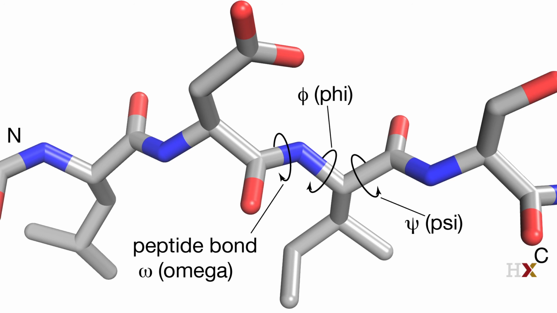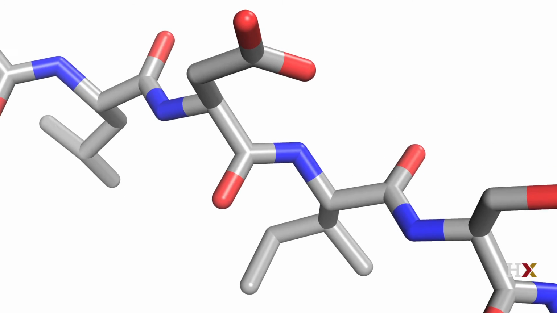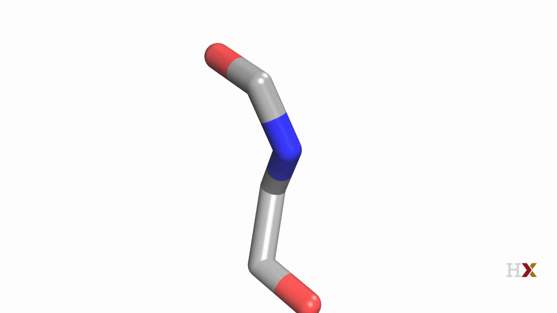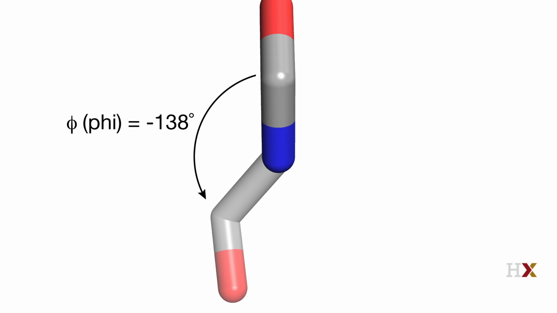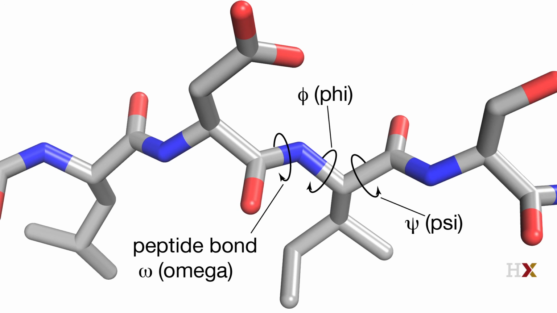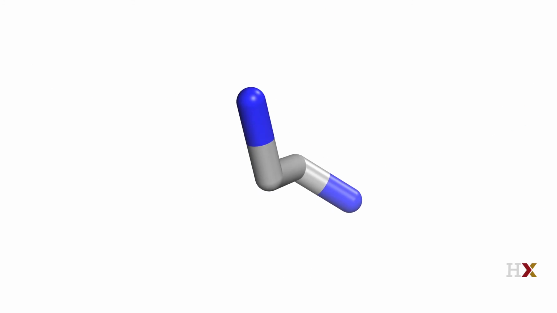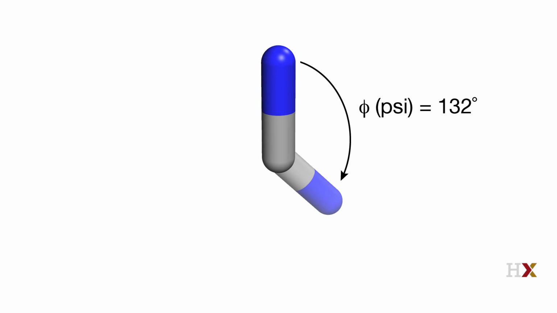Let's see how the phi and psi angles are measured. To measure the phi angle, you look down the length of the nitrogen to C-alpha bond from its most N-terminal end. Then you measure the angle between the 2 carbonyl carbons. Similarly, to measure the psi angle, you look down the length of the C-alpha to carbonyl carbon bond from its N-terminal end, and then you measure the angle between the 2 nitrogens.